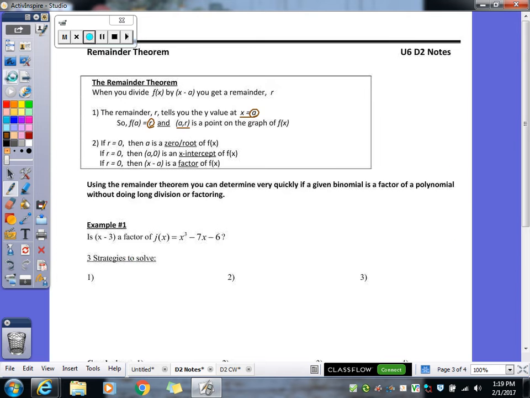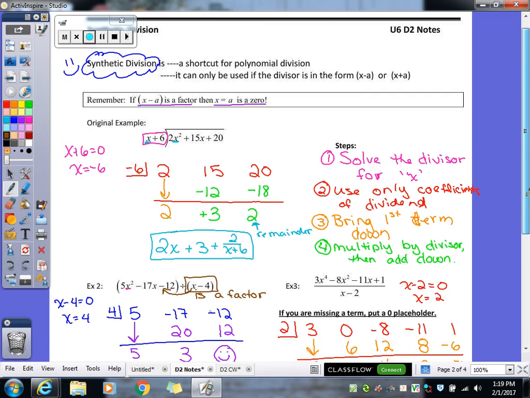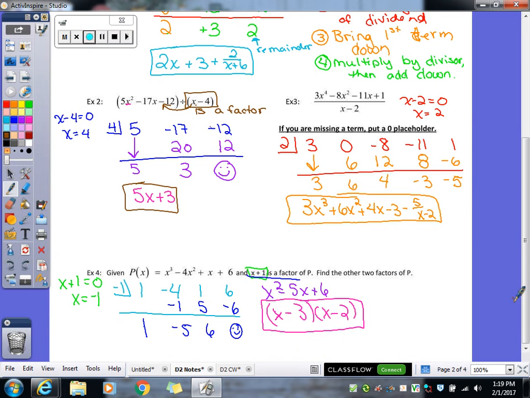So if I take a look back here at one of our other problems, this would be our a value because that's what x equals. This was our remainder, so on our graph it would hit the point (2, -5). So whatever that is with your remainder, that's going to be a point on your graph.